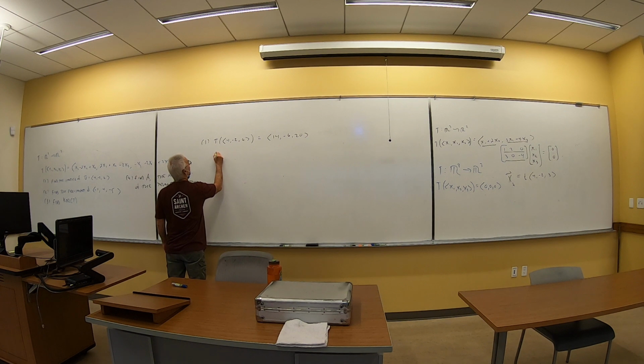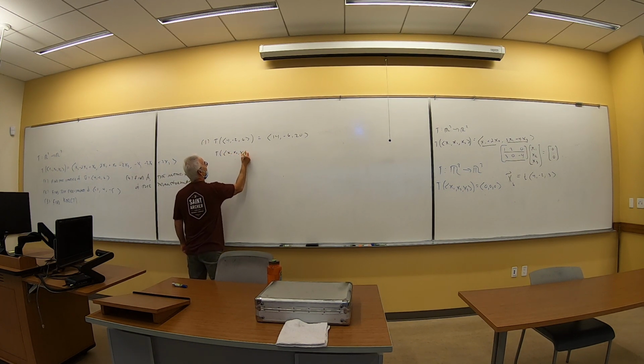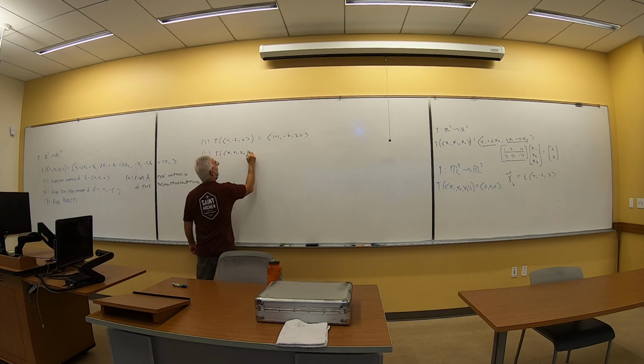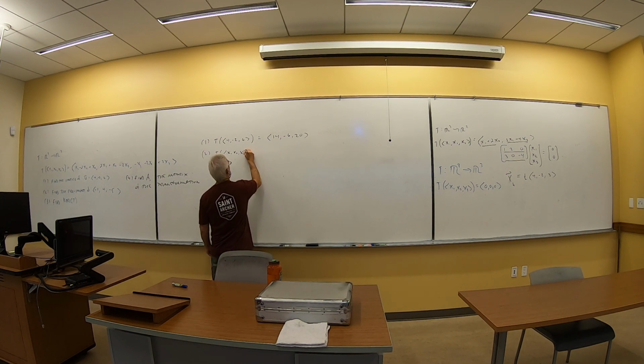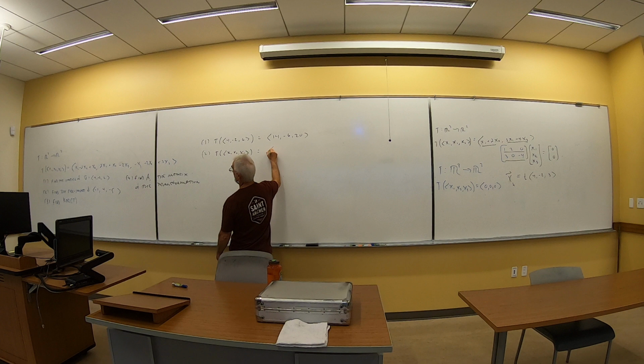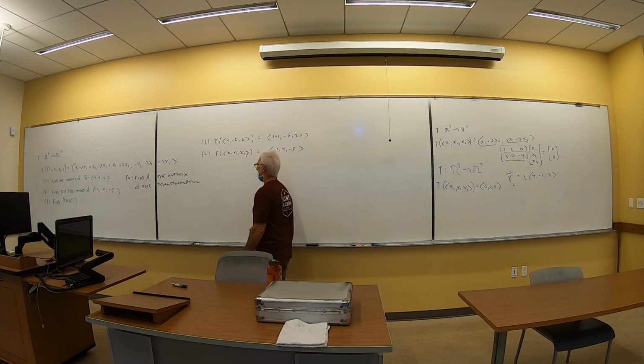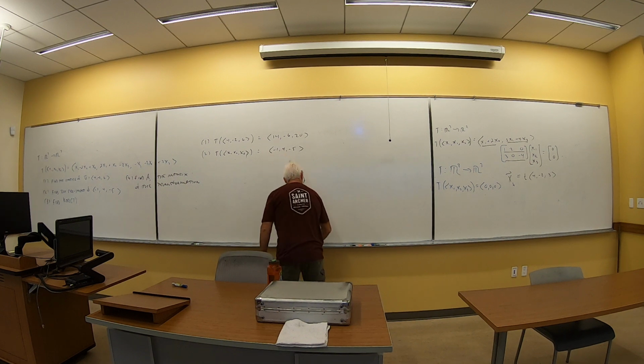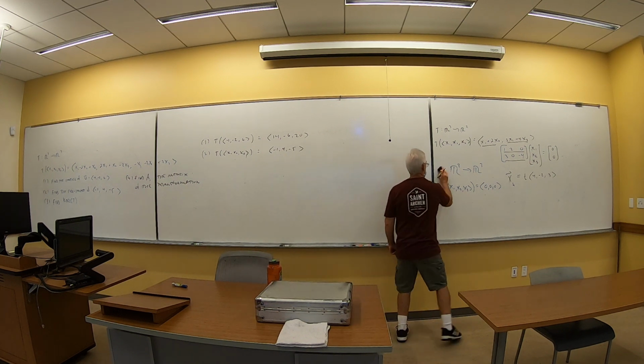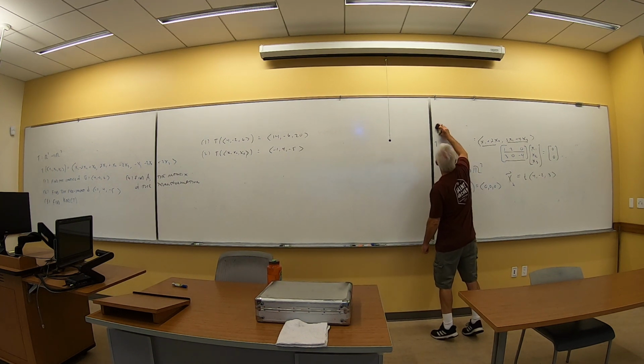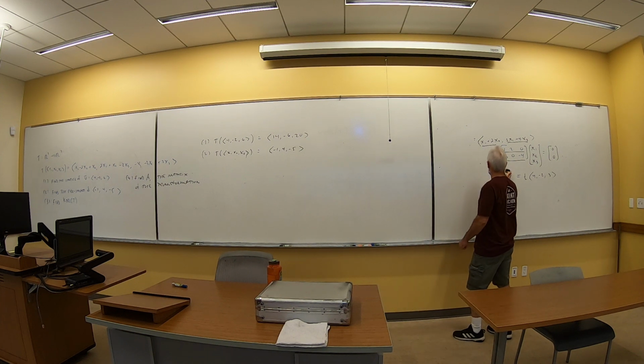So now I want to say T of x1, x2, x3 equals (-1, 4, -5). Well, here's where I think finding the matrix might be easier.